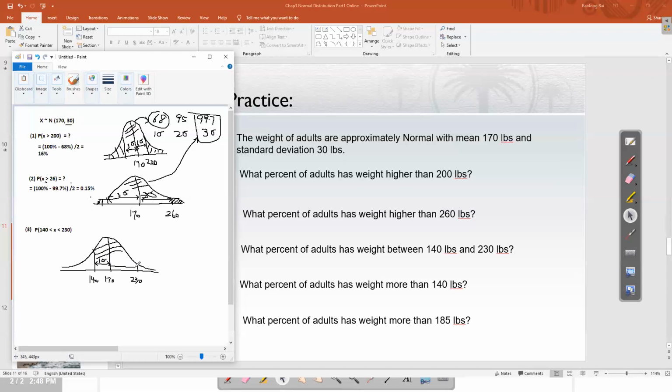Then on the right boundary, the distance is from 170 to 230, that's 60. 60 is exactly 2 standard deviations away. So you can see here, we have 2 different distances. That means we need to use 2 different rules. We need to use 2 rules for this one problem, right?